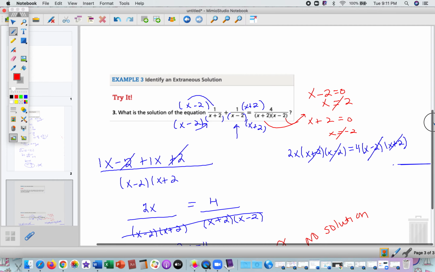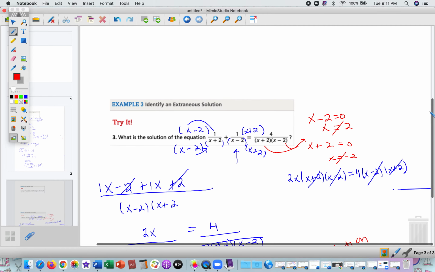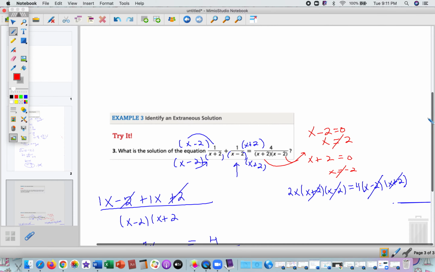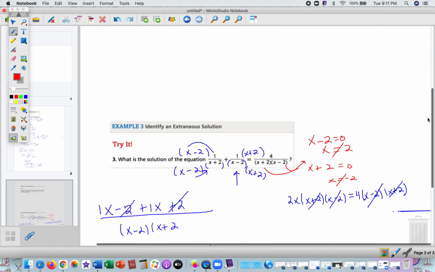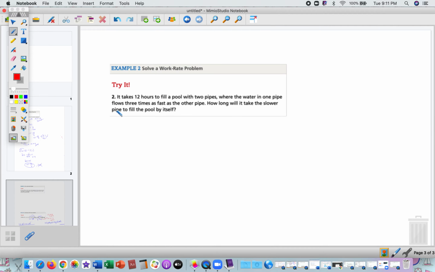So this last problem is similar to one that we did in class. It's a word problem. And we're going to look at rate of water filling up in a pool. So it says that it takes 12 hours total time to fill a pool with 2 different pipes, where the water in one is 3 times as fast as the other.